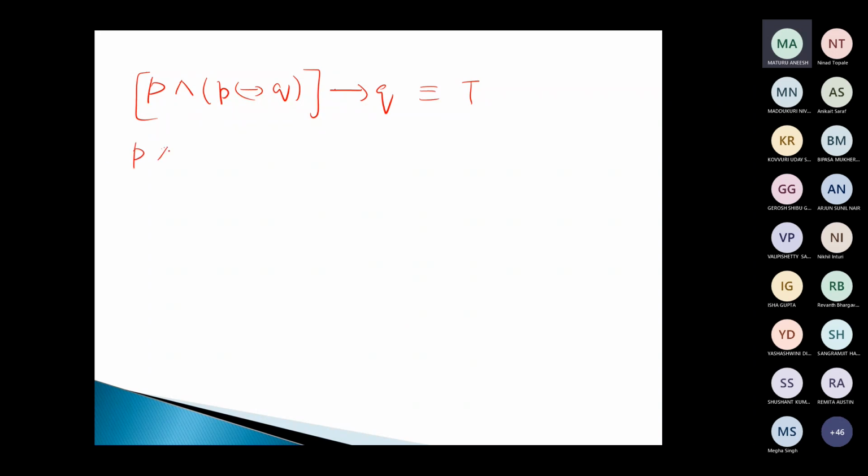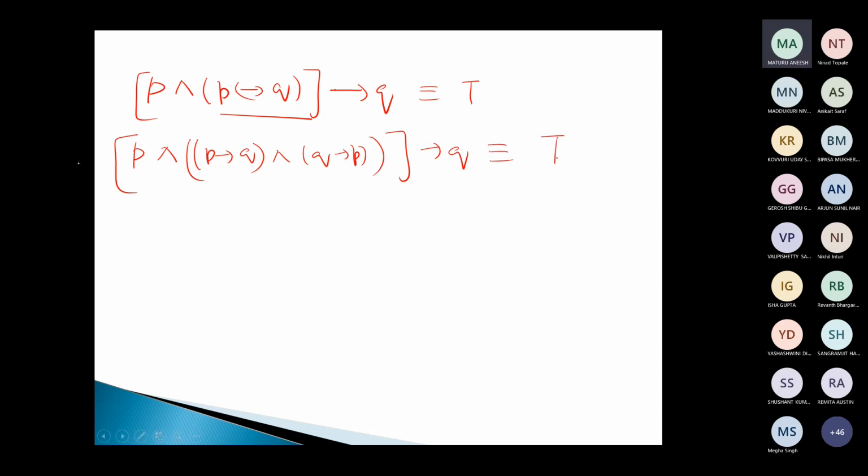So P and, what is P biconditional Q? P implies Q and Q implies P. Correct.